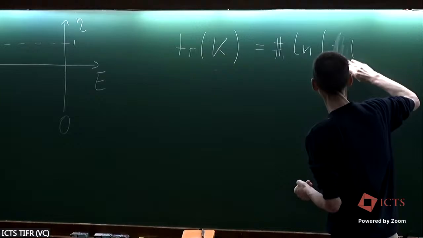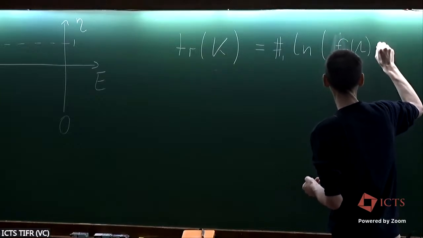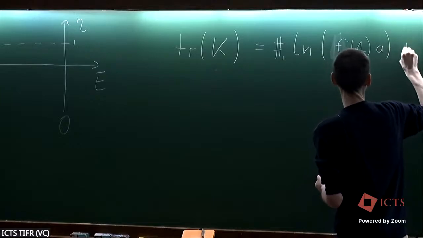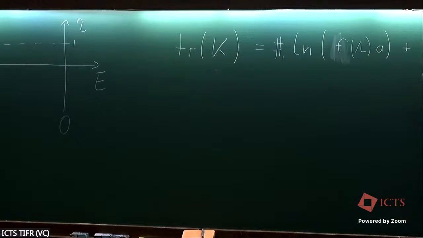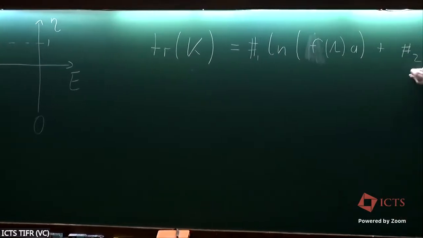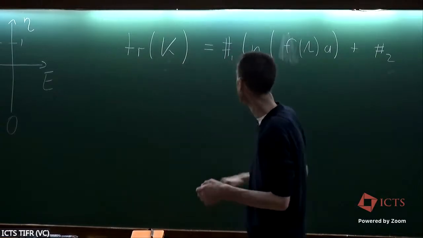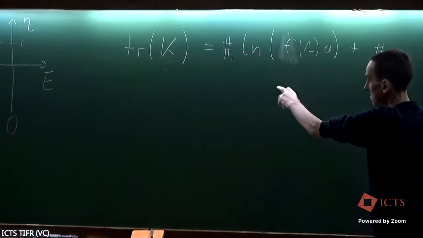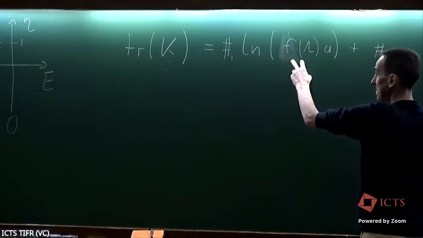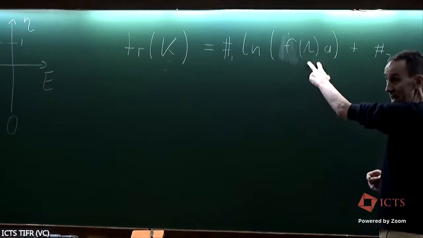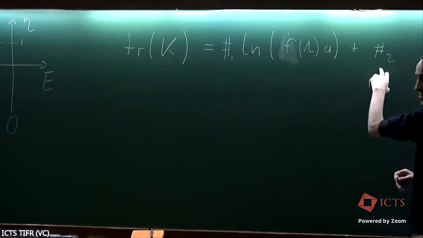And it follows that you get, now I write this as a function of lambda, A plus another constant. So this is the functional form which this trace of the kernel K assumes: a constant, then the logarithm of some function of lambda times A, plus another constant.